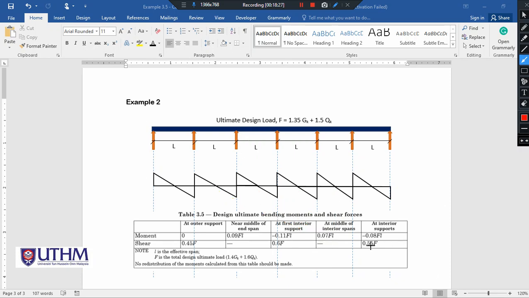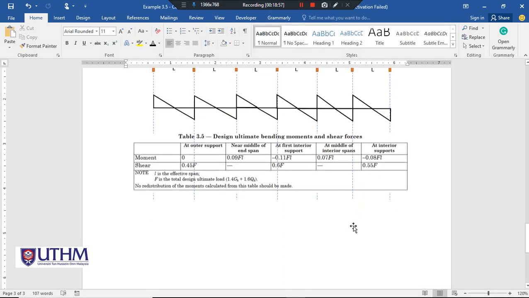And finally, this is the interior support, and this is the shear value at the interior support.